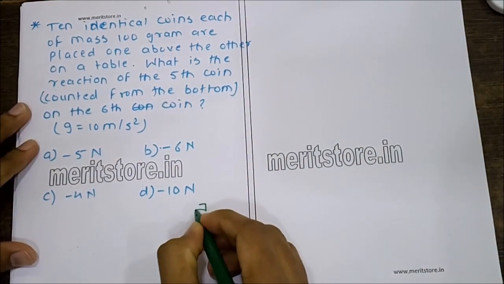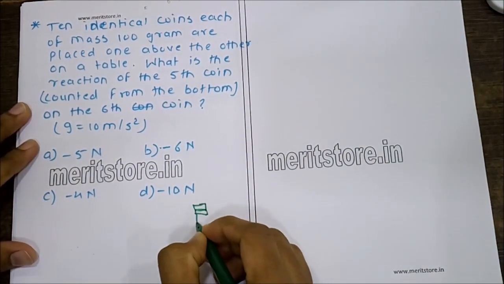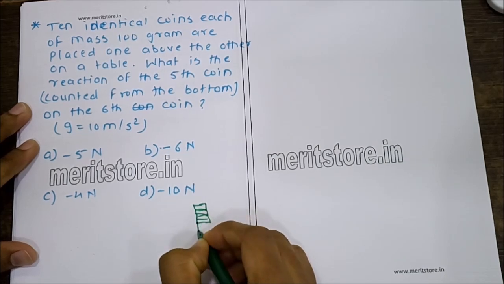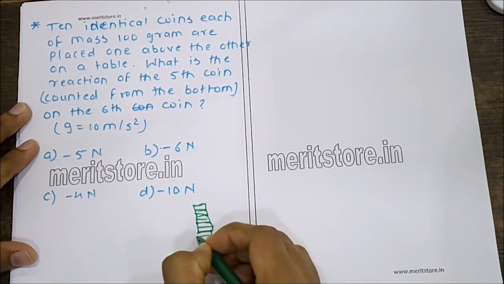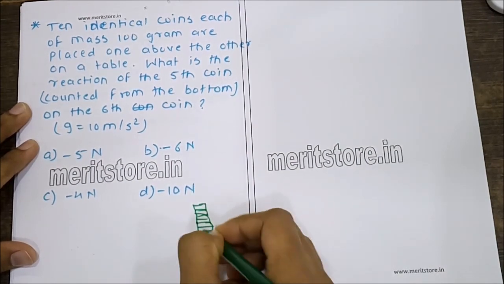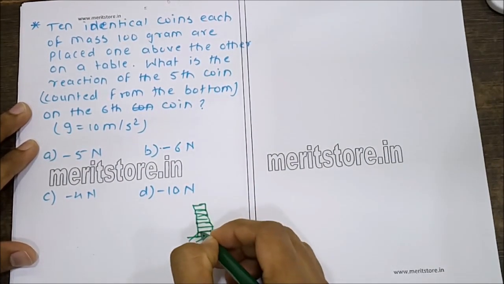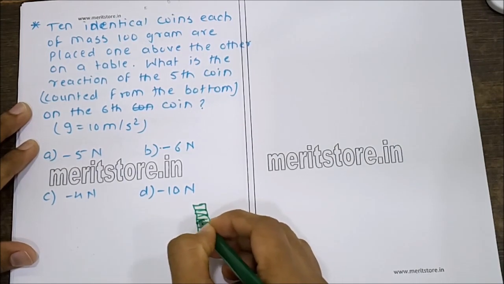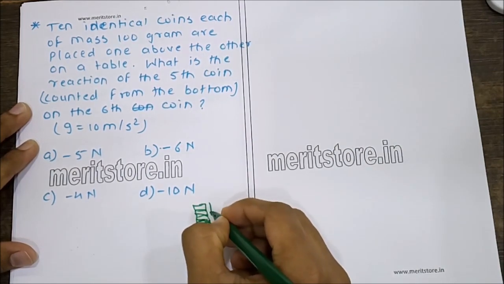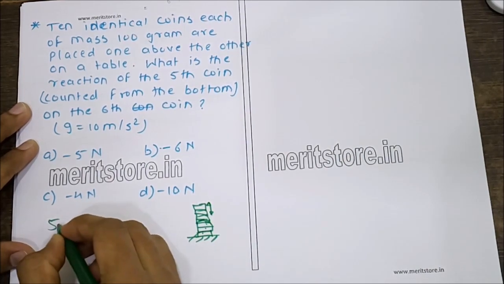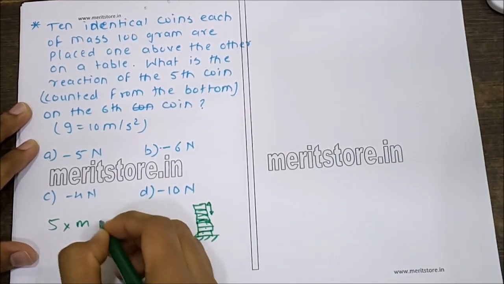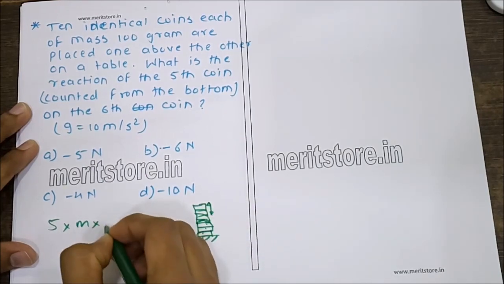Now when the coins are stacked above one another, above the fifth coin, there are 5 more coins. So it has to support the weight of the 5 coins above it, that is 5 times mass into gravity.